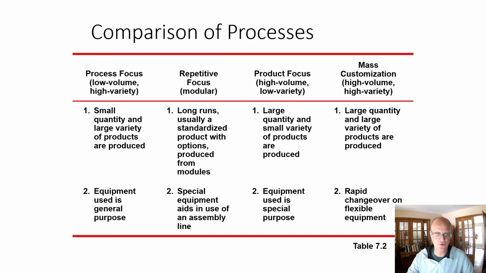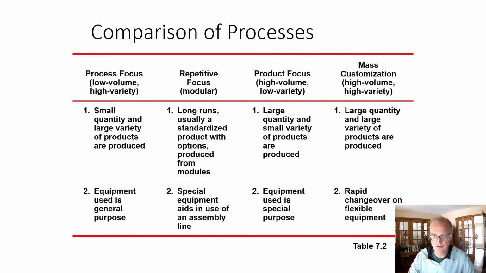So with process focus, you have small quantity and large variety of products produced, right? Again, a machine shop. You might make 1 or 2 units of something for someone, or a hospital emergency room. One person comes in requiring stitches, another person comes in having a heart attack, someone else comes in and has broken their ankle. Small quantity, large variety of goods or services produced.